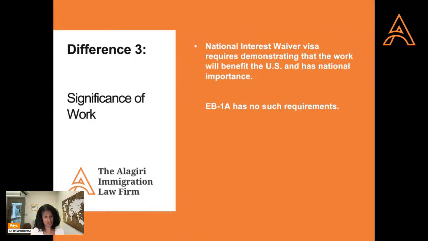The national interest waiver does not require the level of achievements as the EB1A. So for the national interest waiver, you have to be above average to demonstrate that you are the best person to carry out your work in the US, whereas for the EB1A, you have to show that you are in the top percentage in your field. You have extraordinary skill set.